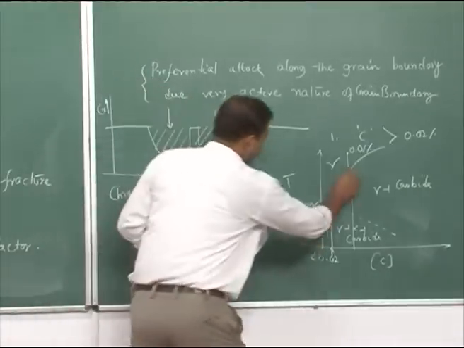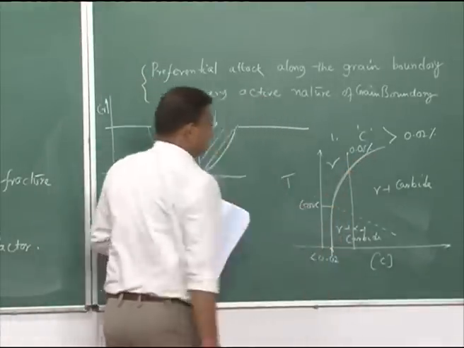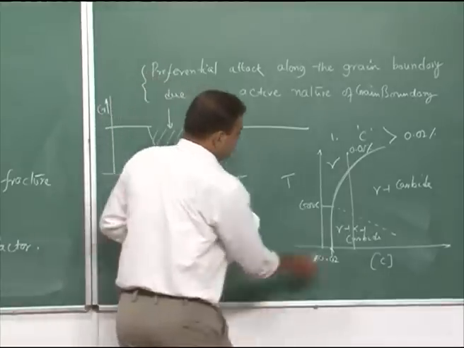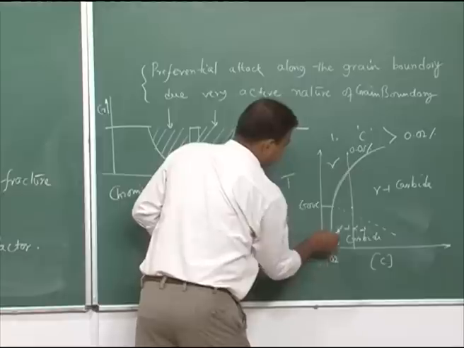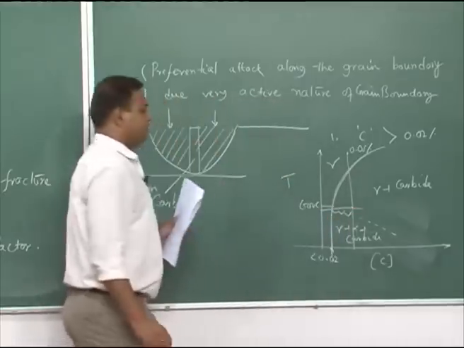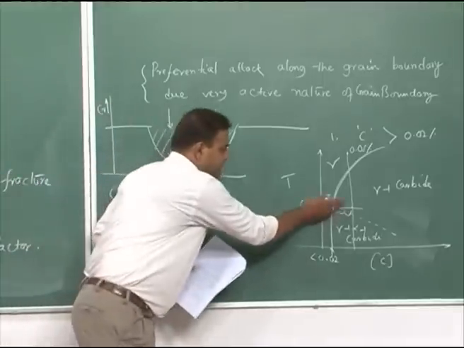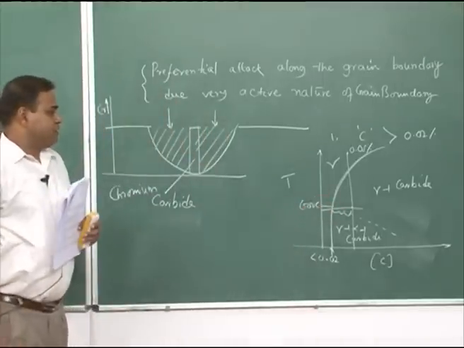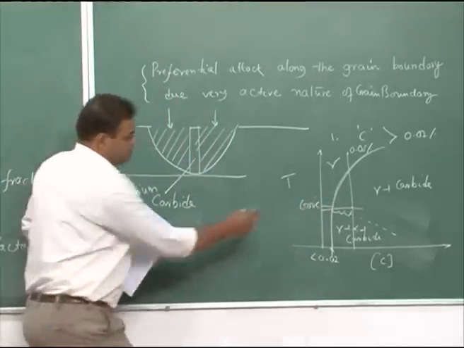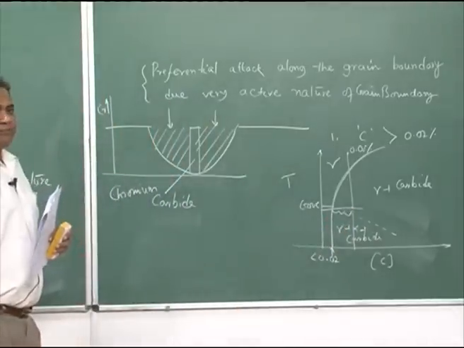When I cool it, and this is the solidus line, then if I come to this place, I will always see that this much carbon is excess in the material.